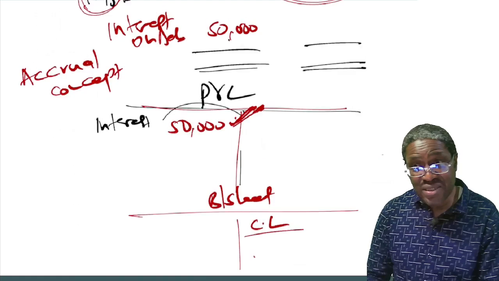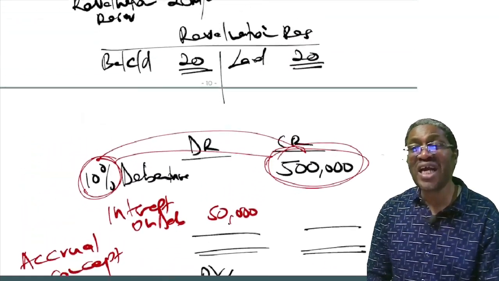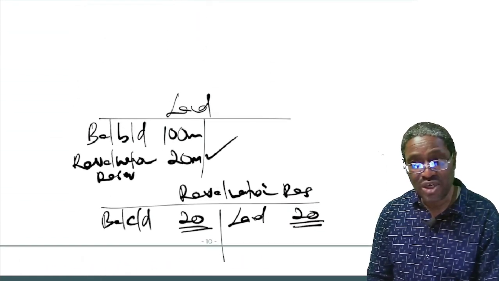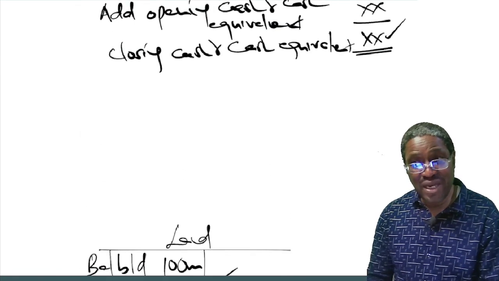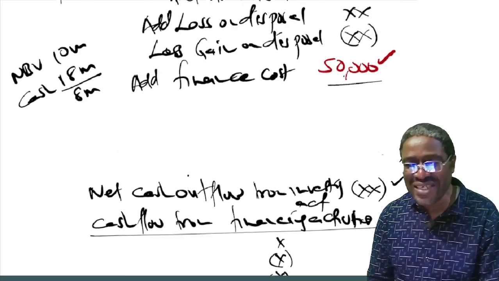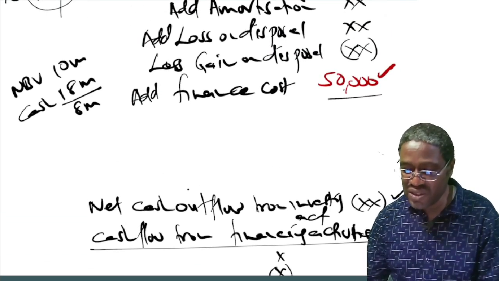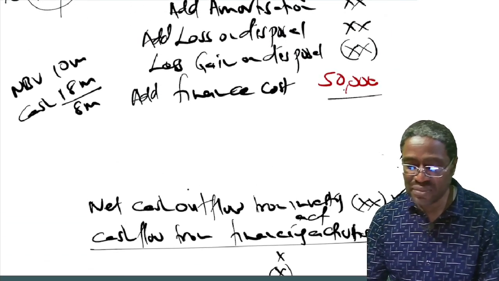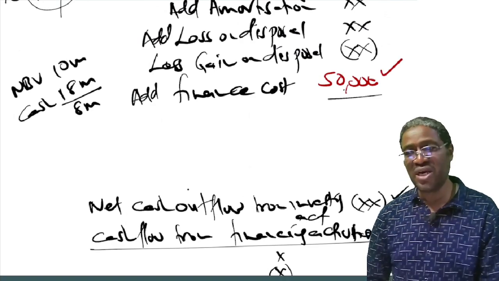Meaning, in the cash flow statement, among the non-cash items, that 50 will still be there.